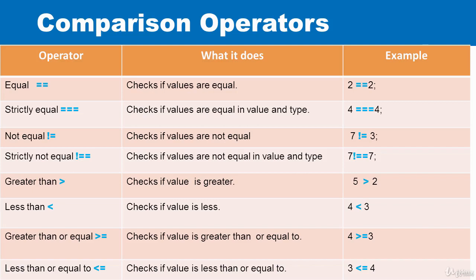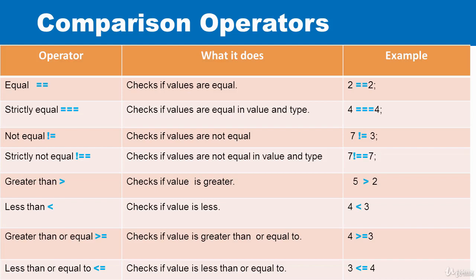So this is a basic table illustrating some comparison operators. I'll start from the top, which the first is known as the equal operator, and it's represented with the double equal symbol. What that does is check if values are equal.